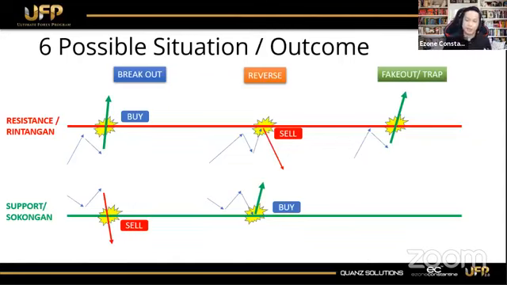Now what happened here is a breakout, and buyers are attracted to buy. But suddenly the price zooms and reverses back below the resistance level. So this is what we call a bull trap, or a fake out. Above here we assume it's going to be bullish, but it's not.